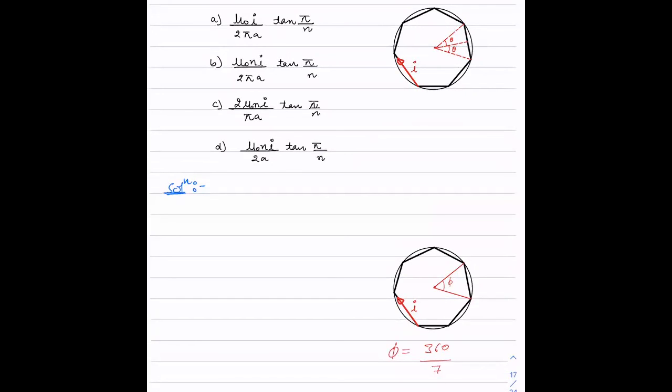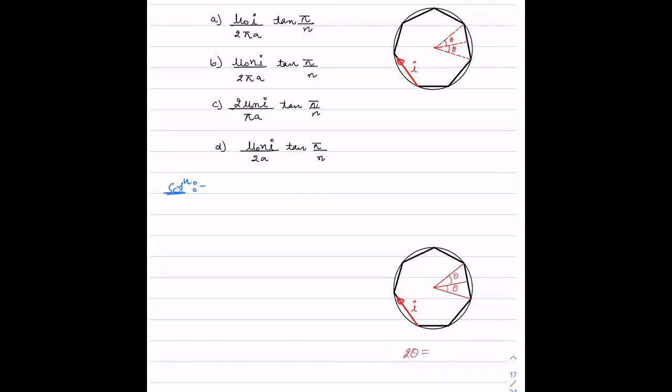So I can write it like this, 360 by 7, and then I will get the answer. But what was theta? What is theta given to you in the question? It is not that angle end to end. Theta is this angle. Theta and theta. This is theta.